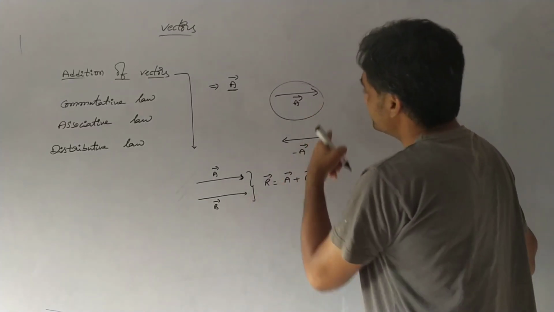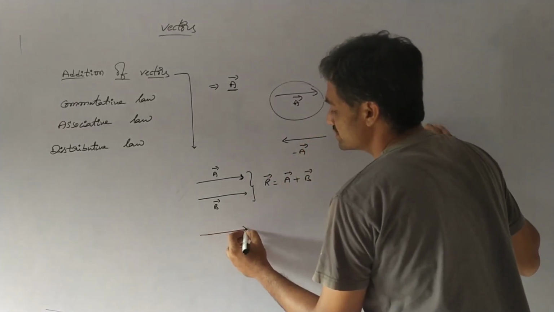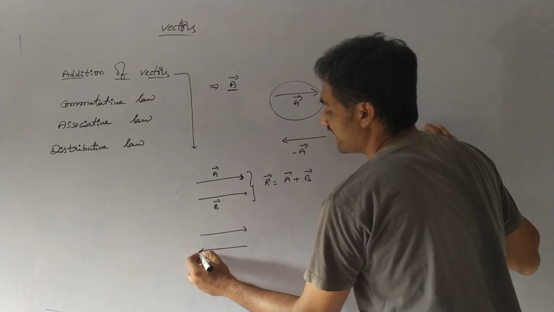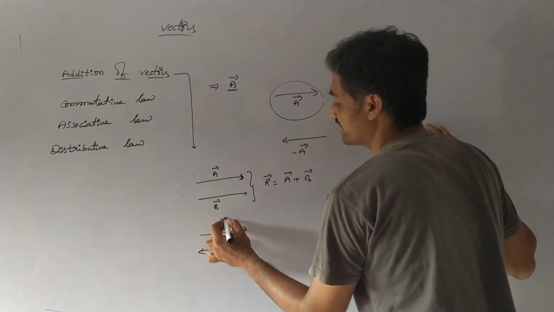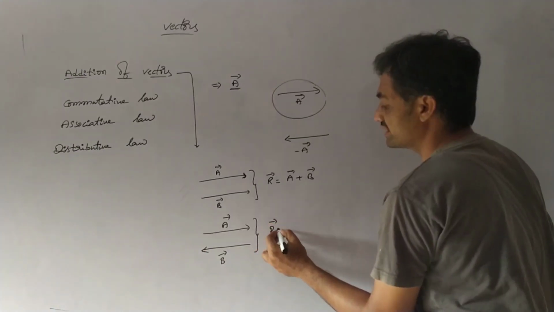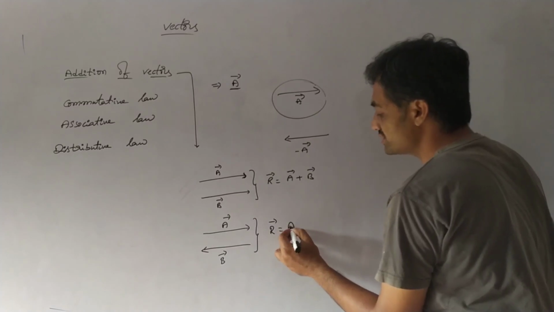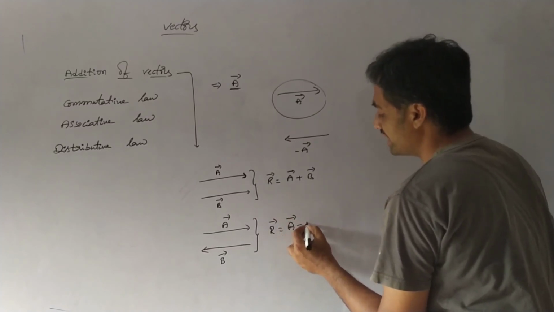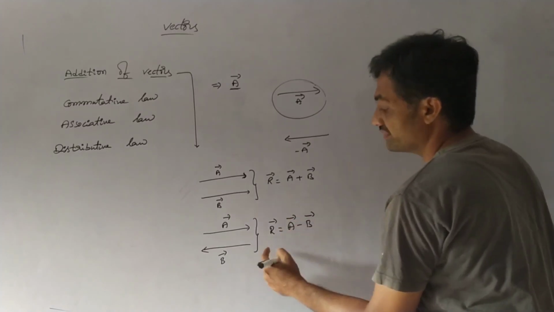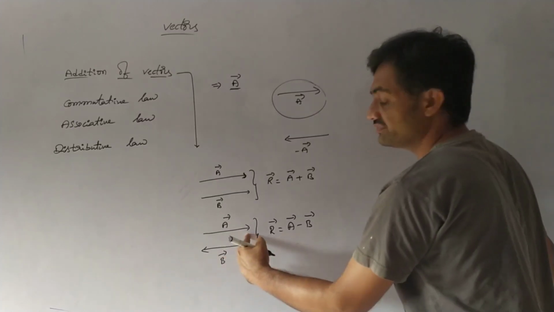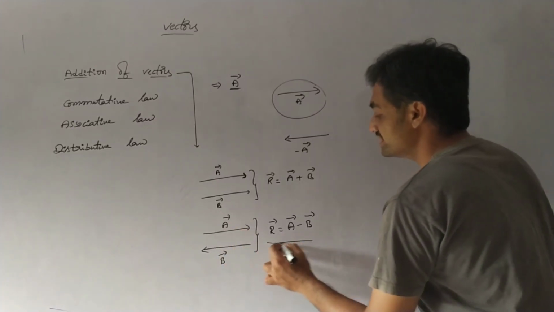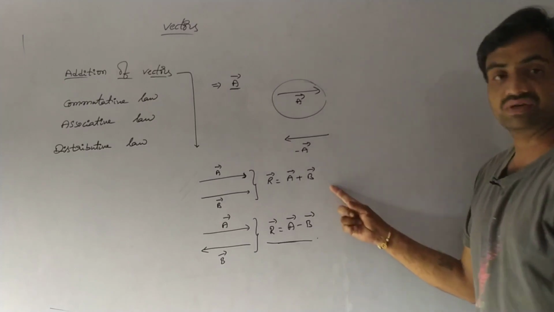Suppose, as you observe in this case, those two vectors are acting in opposite directions, then the resultant is given as R bar equals A bar minus B bar. Why? Because the direction is opposite to the first vector. In this way we can add the vectors.